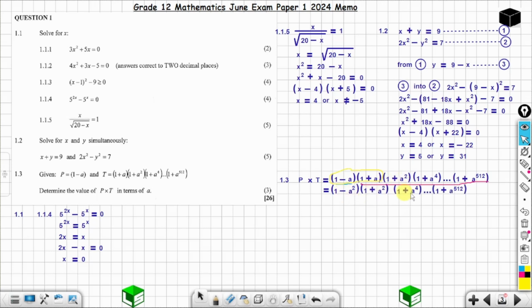So when you carry on from this, you are going to have this: 1 times 1 is 1, negative a squared times a squared gives negative a to the power of 4.